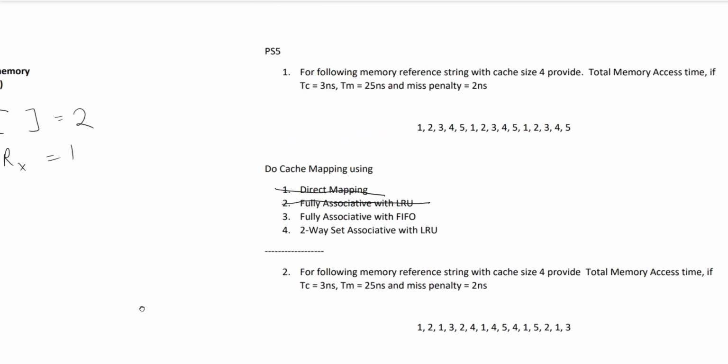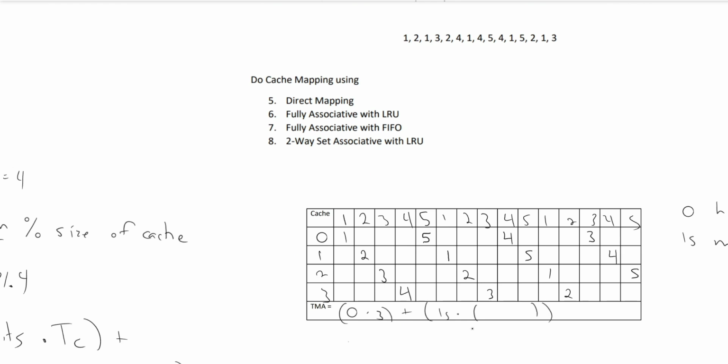Miss penalty 2, yeah. So that's P. Time for misses is 25 nanoseconds. So 25 plus 2.